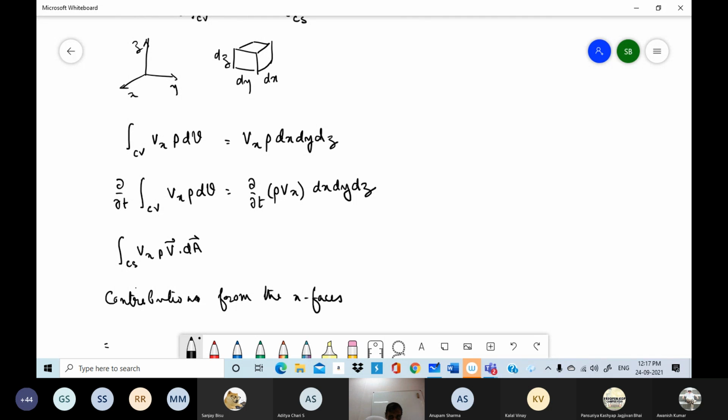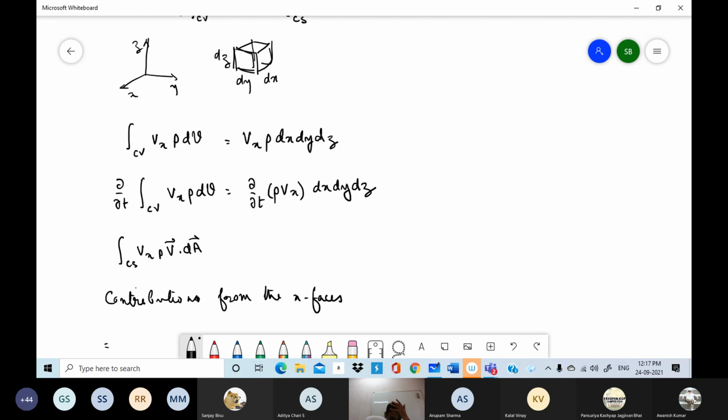So if I consider the x faces, the x faces are these two faces. At x plus dx, its outward normal is in the x direction, and at x it is in the negative x direction.